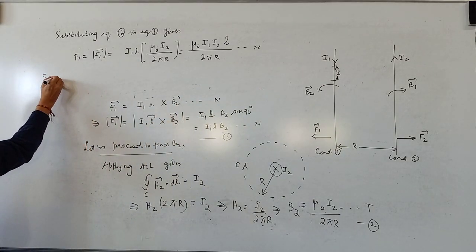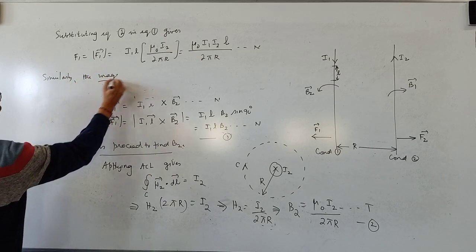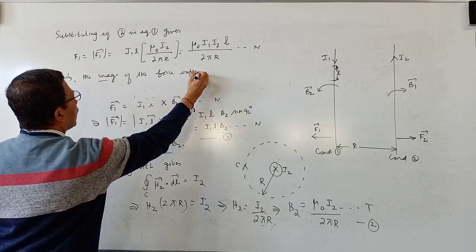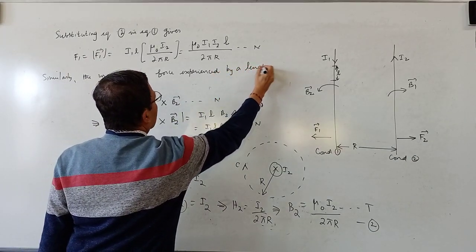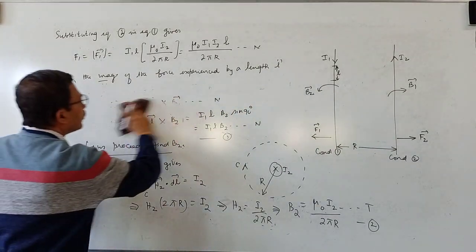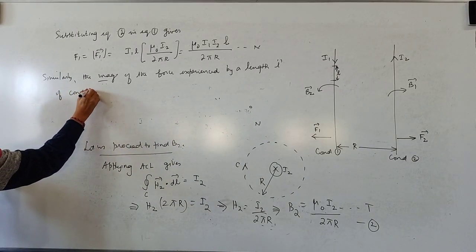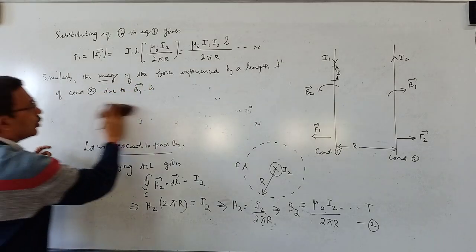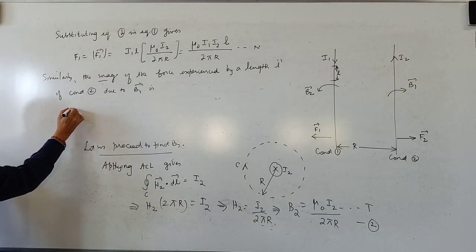Similarly, the magnitude of the force experienced by a length L of conductor 2 due to vector B1 is F2.